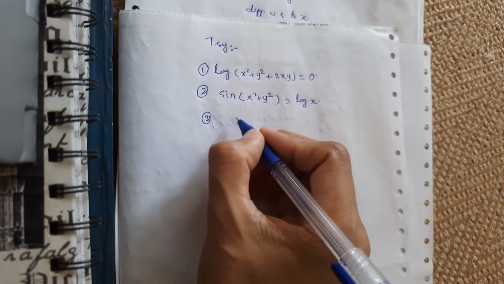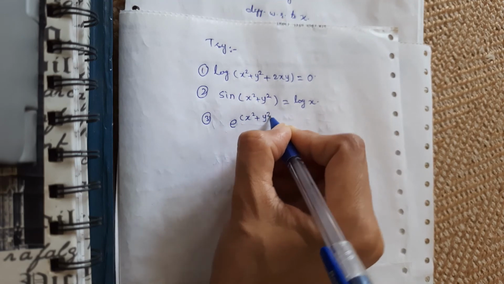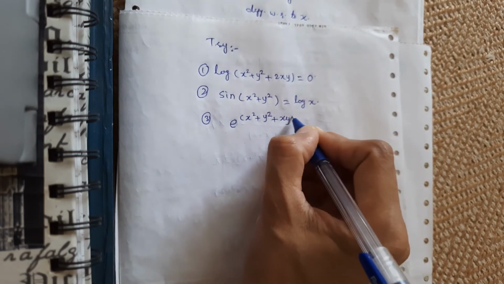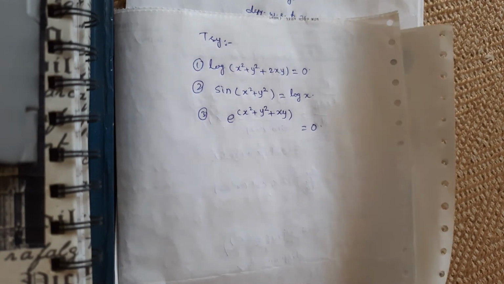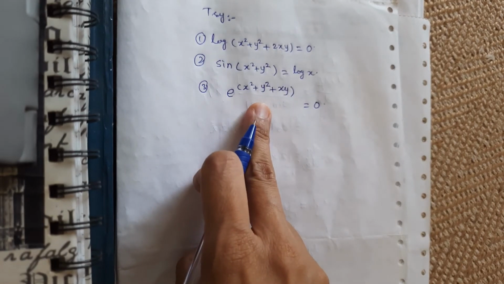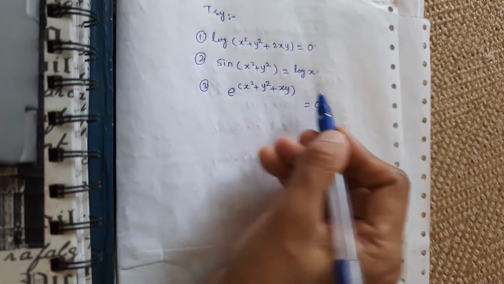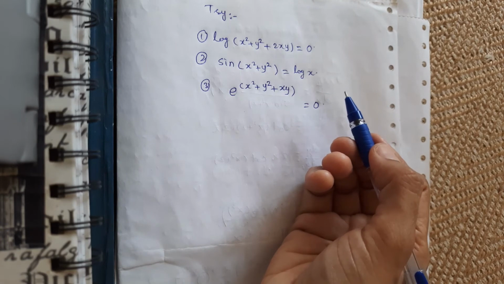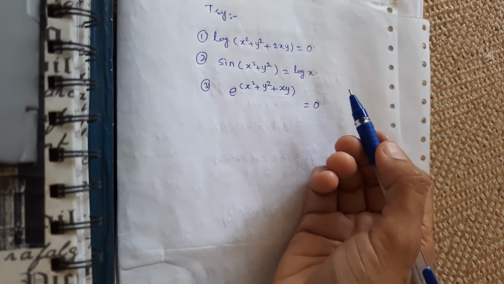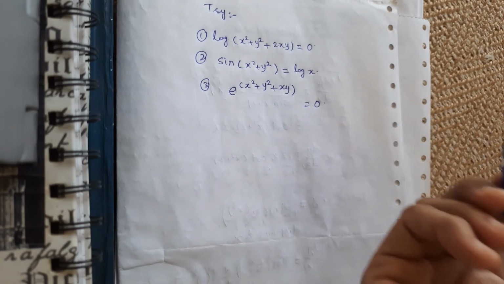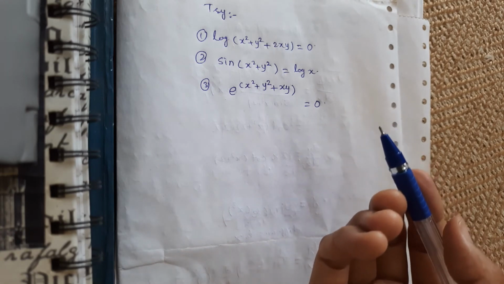Third, find e^(x² + y²) + xy = 0. You can also take log here. You can simplify this function using log. So what will you do? Just take log on both sides, or solve it as an explicit function. Just let me know if you are able to solve it or not.